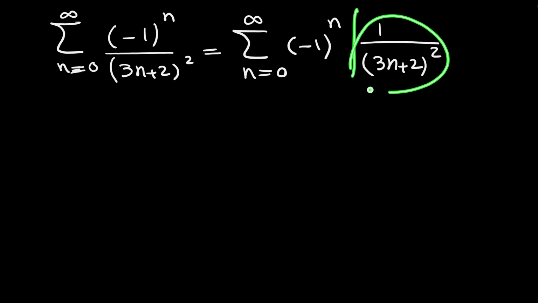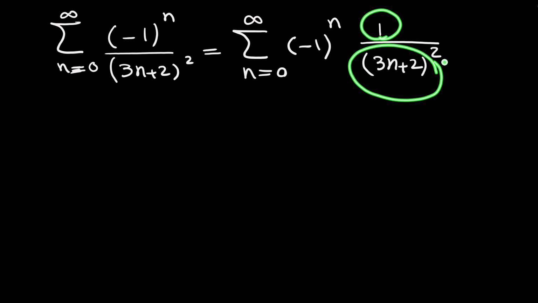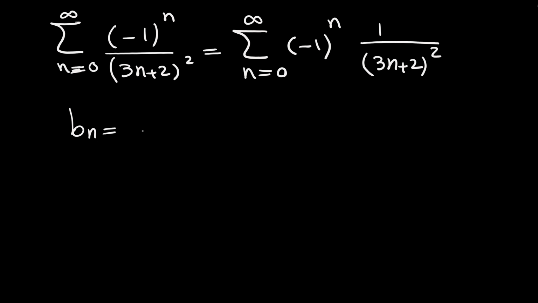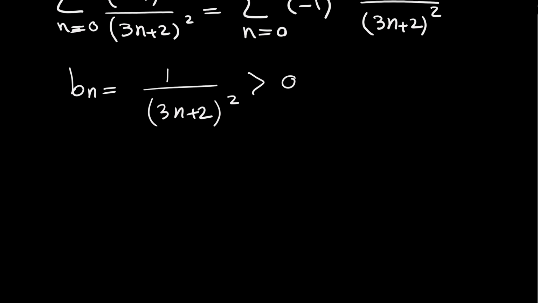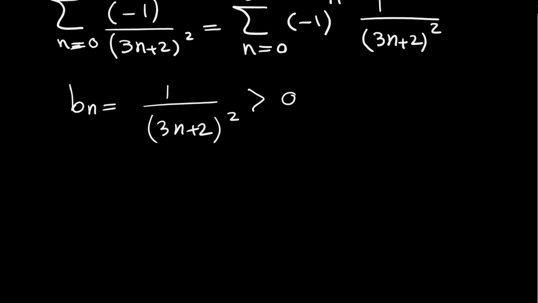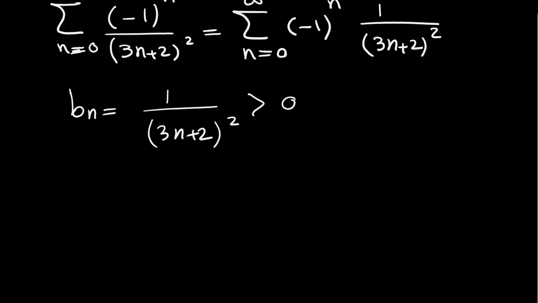So there is alternating sign here. And then we have the sequence b_n here. As you see, the numerator is positive, the denominator also is positive. So for all n, b_n, which is 1 over the square root of 3n plus 2, is positive. Also, you can find the derivative and prove that b_n is decreasing.